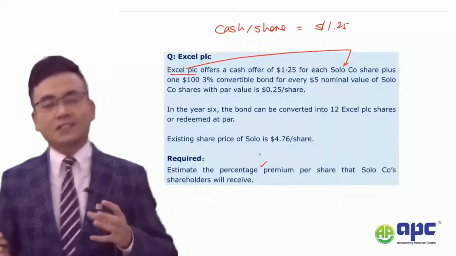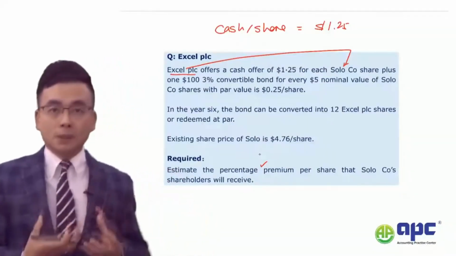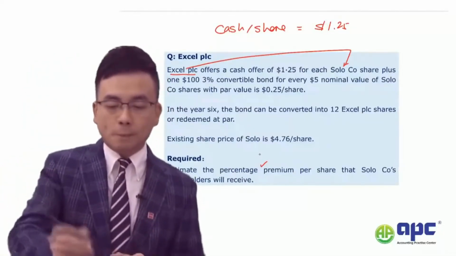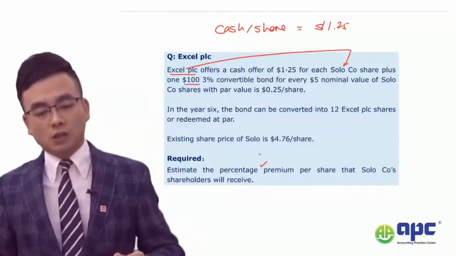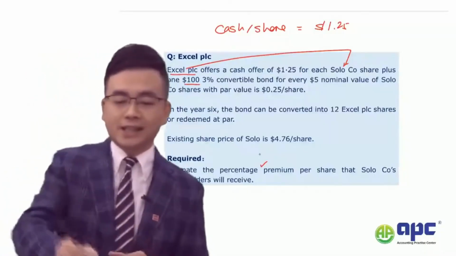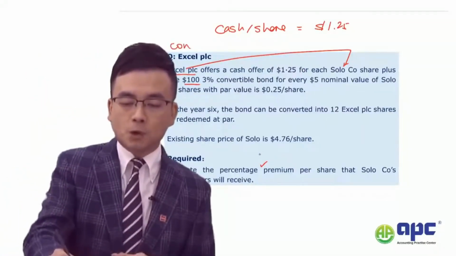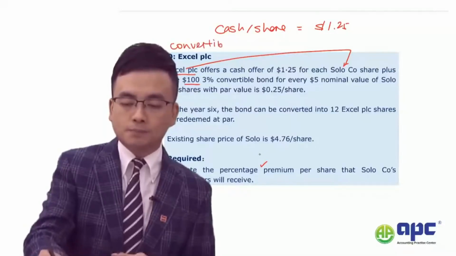Now this means that Excel would like to borrow money from others, which means to issue a convertible bond. The par value will be $100 each. So we need to work out the convertible bond per share.